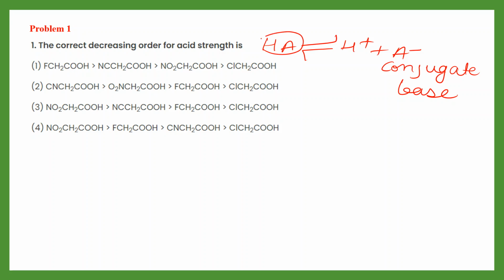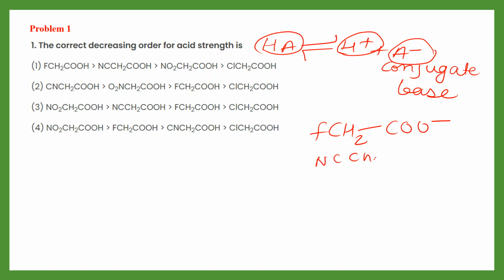According to Arrhenius theory, the stronger the acid, the more H plus it will give, when its conjugate base is stable. So if we draw the conjugate base for all these, we will get CH2F COO negative. In case of nitrile, we will get CH2CN COO negative, and in the same way we will get the other conjugate bases.